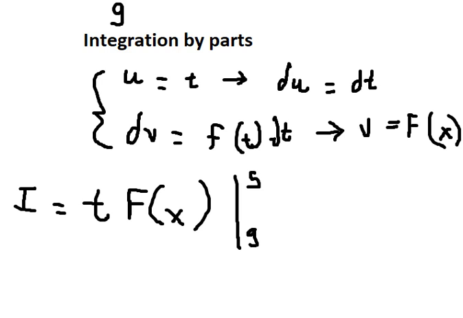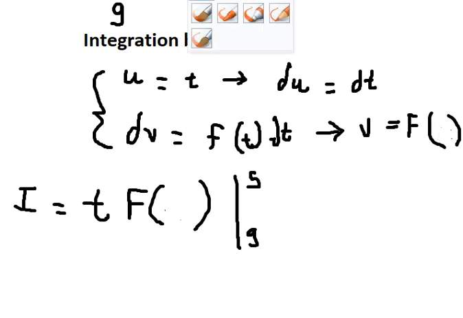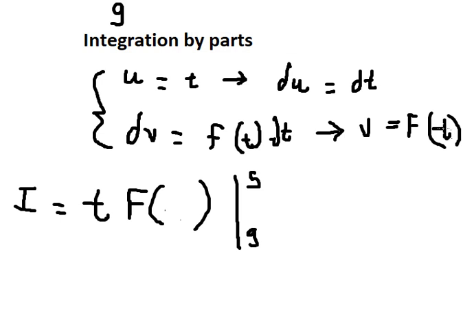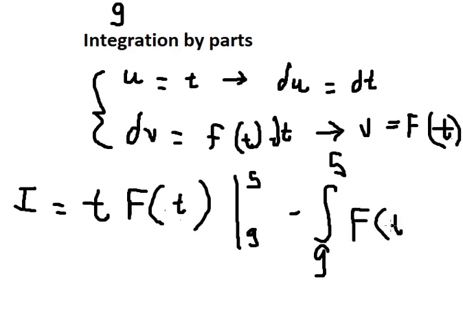So they have the same in here. Minus, we have du multiplied by v. Now we put 5 in here, 9 in here.